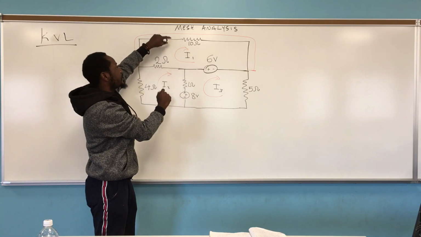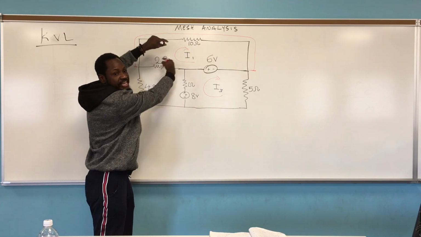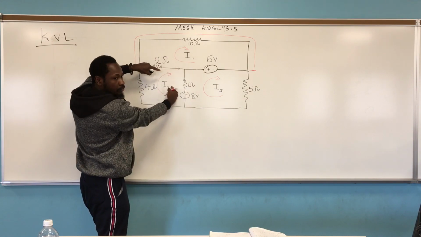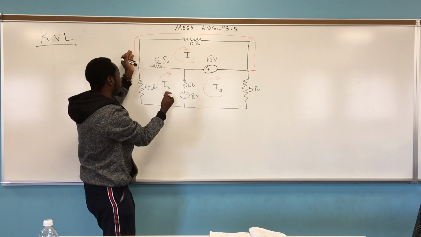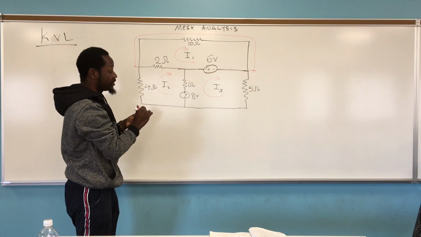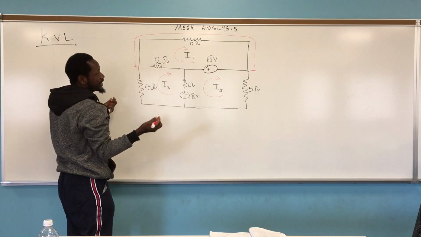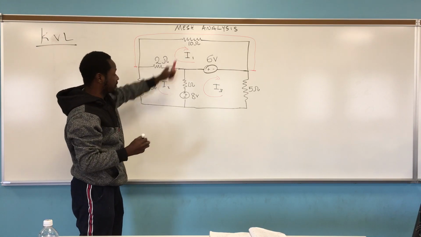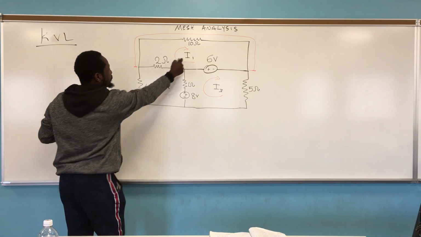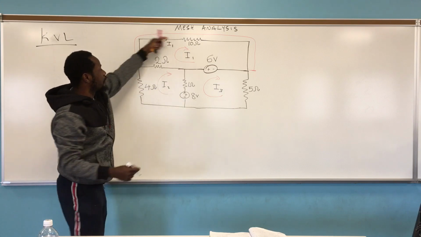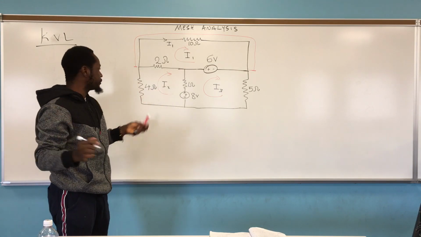When I say outer branch, it is a branch that is not shared. This branch is shared by this loop and this loop, so it's not an outer branch. But this branch is only owned by this loop. So that's the mesh branch. I don't know if that's what it's called, but having assigned this current, it means this current is what's flowing in this one. That's just what it means.